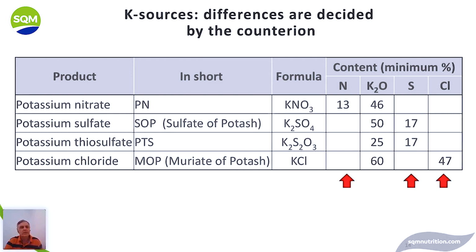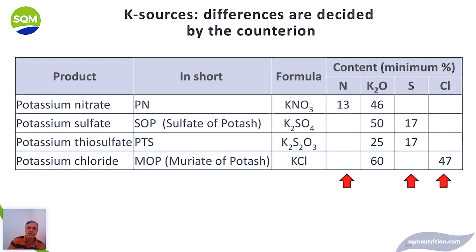But the real difference between the potassium sources is the counterion, the element that comes together with potassium. For example, if I use potassium nitrate as source, together with potassium, I am applying nitrogen. If I use potassium sulfate or thiosulfate, we are applying sulfur together with potassium.